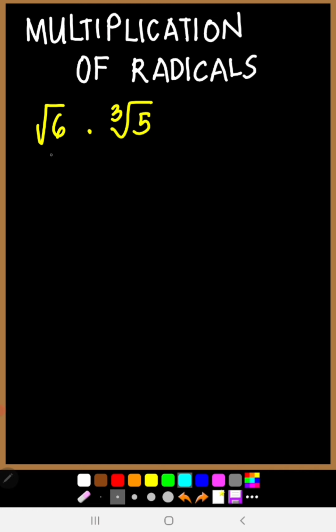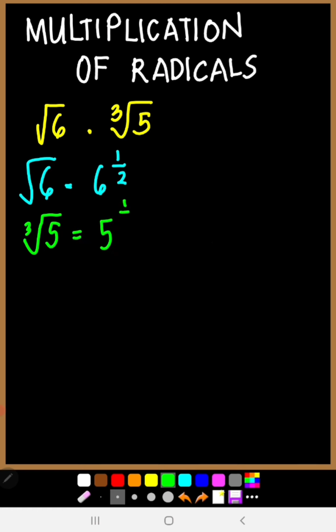So, ang square root of 6, that is equal to 6 raised to 1/2. And then, ang cube root of 5, that is 5 raised to 1/3.